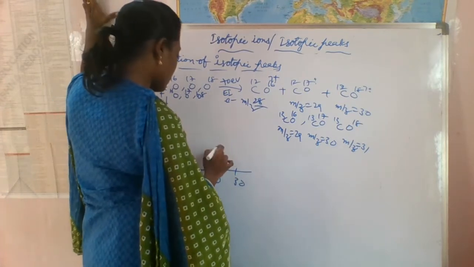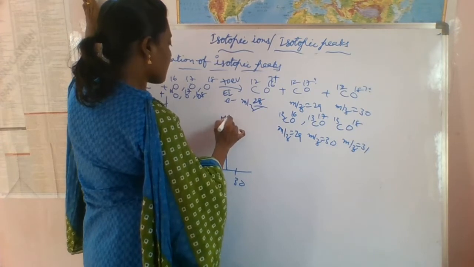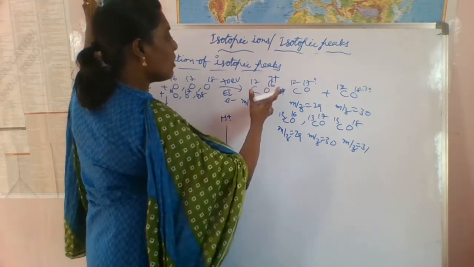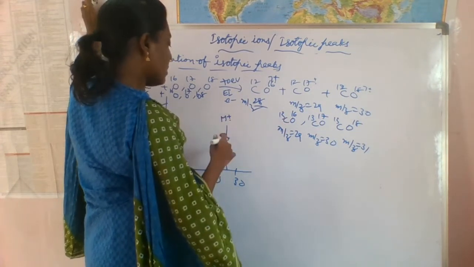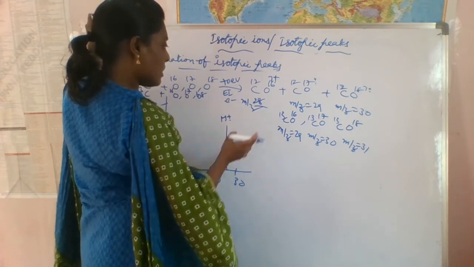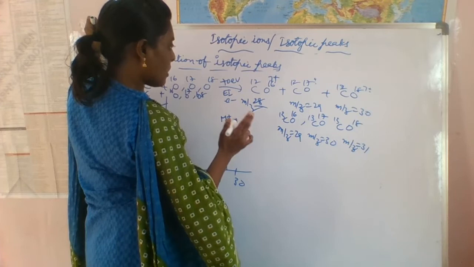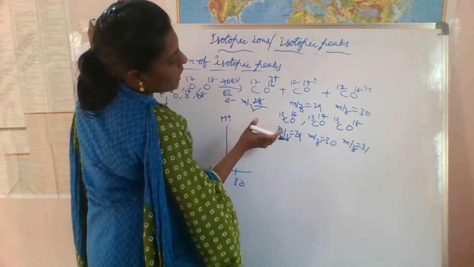There is no doubt about that. The M plus 1 ion peak is there, whether it is from O17 or from C13. We can determine that by taking the isotopic peak, and we can calculate later.